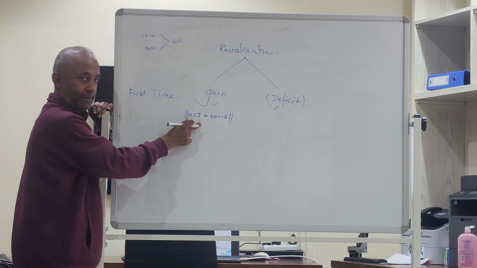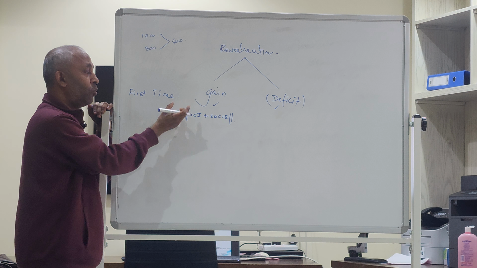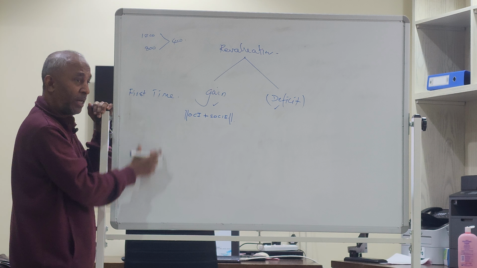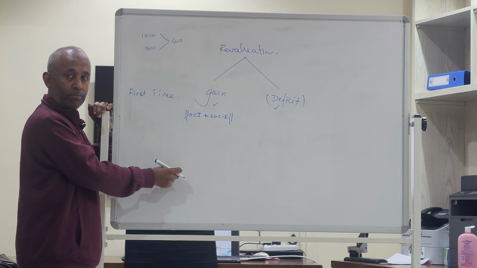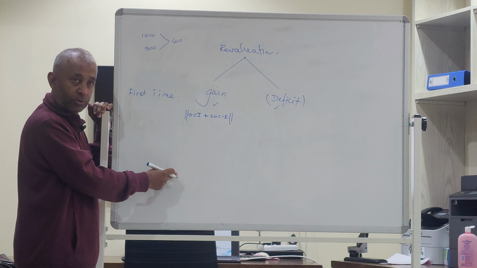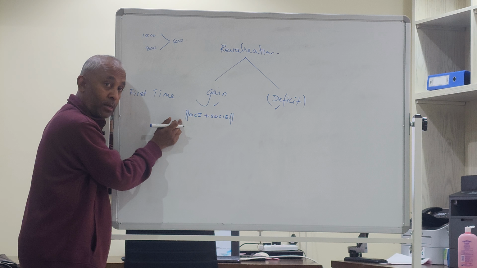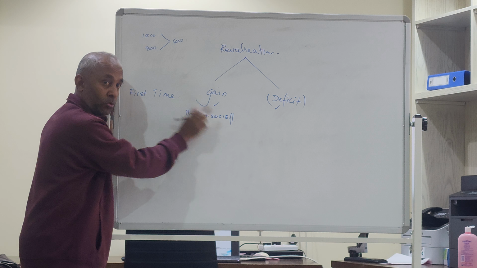Clear? Where will you present? You will take that 300 and disclose it in your income statement at the bottom as other comprehensive income. Good. And not only there, also in the statement of changes in equity, you will show that.